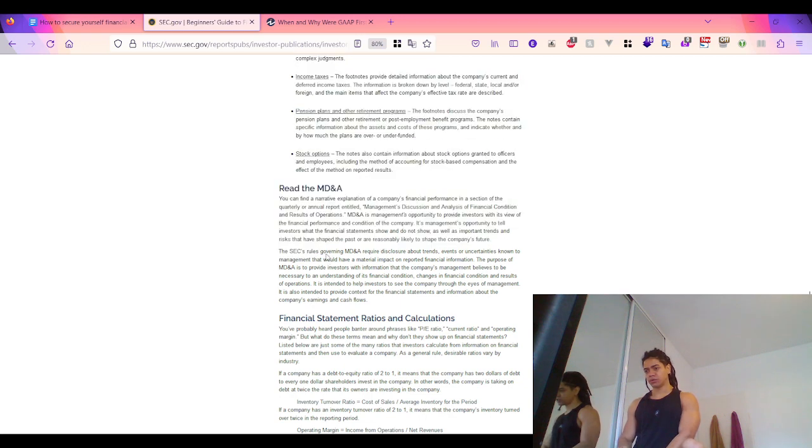The SEC rules governing MD&A require disclosure about trends, events, or uncertainties known to management that will have a material impact on reported financial information.